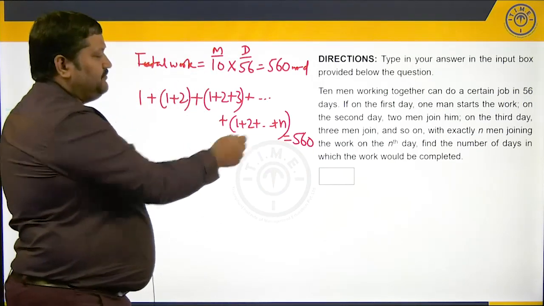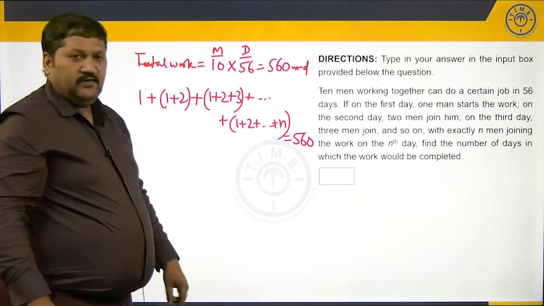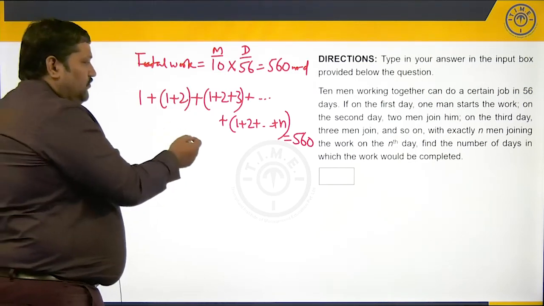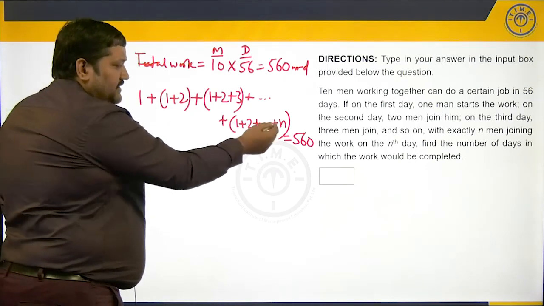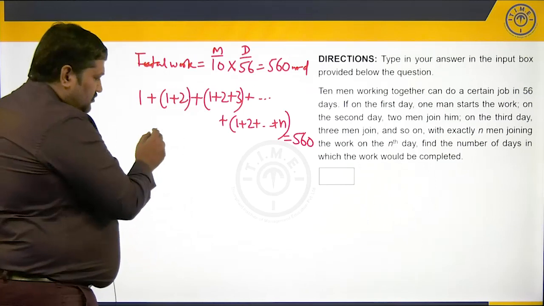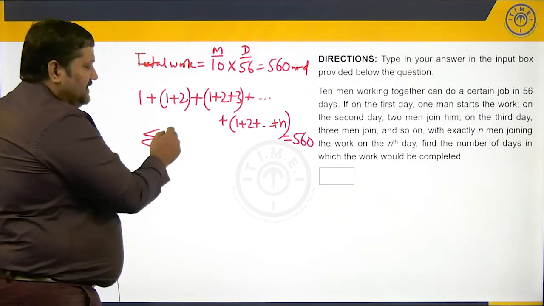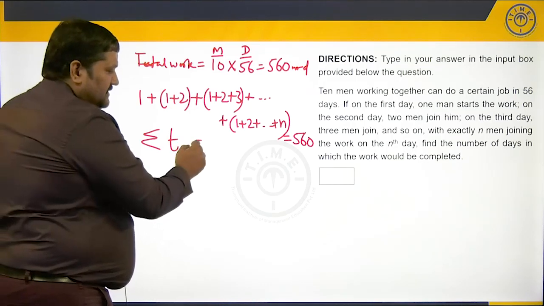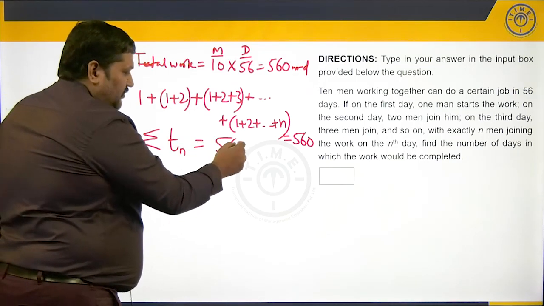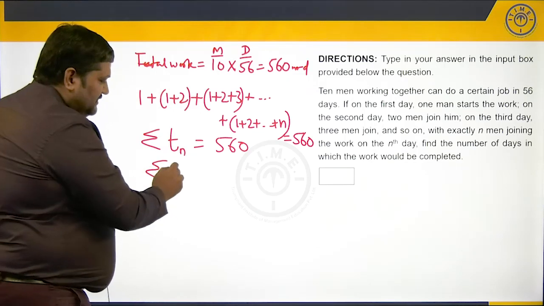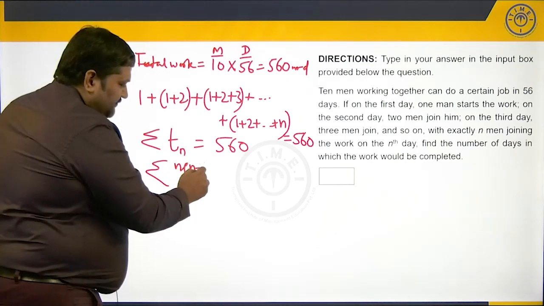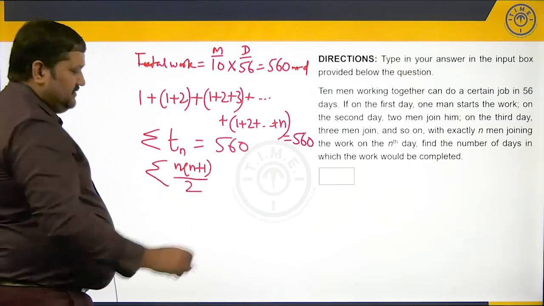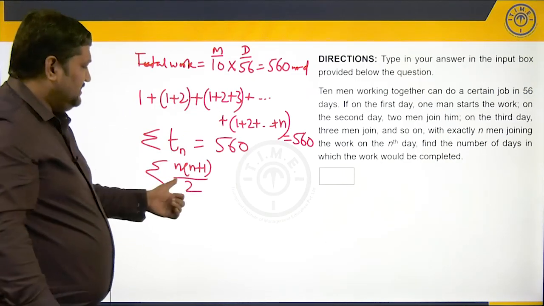So all this should add up to the total work. What is the total work? 560. Now the nth day value is nothing but summation of n. So indirectly, summation of the nth term is equal to 560. But what is the nth term? The nth term is n into n plus 1 by 2, which is summation of n.